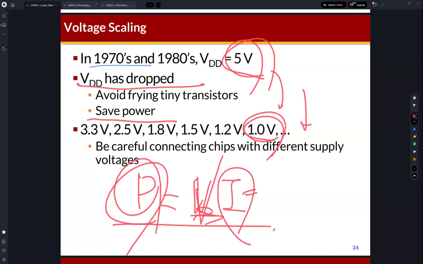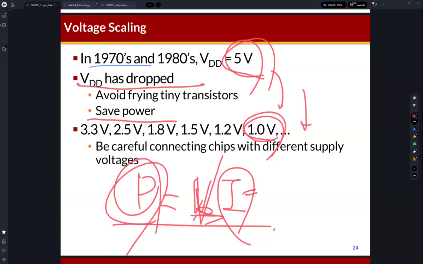Then what will happen if we connect a higher voltage to the CPU? Sometimes we can provide higher voltage. For what? If we want to increase the clock frequency of a CPU, this is called overclocking, right? If we increase the clock frequency of the CPU, we can increase the performance.